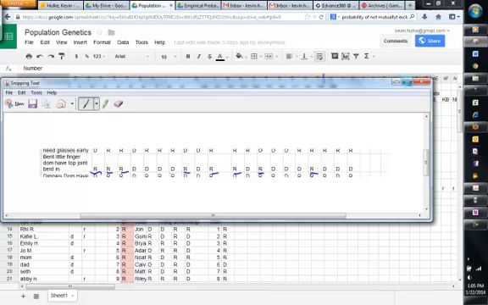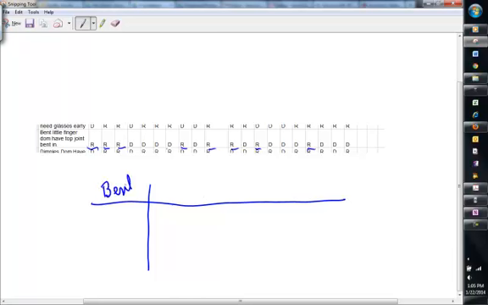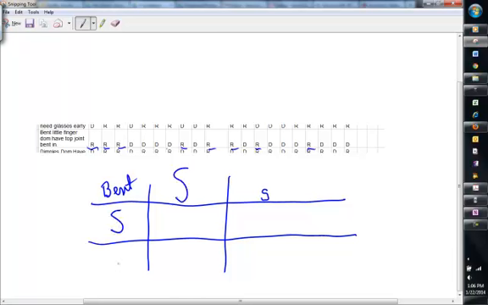So now when we make our chart, the dominant is bent, so bent finger. The recessive is small letter s, capital letter S is dominant. Capital S is bent.